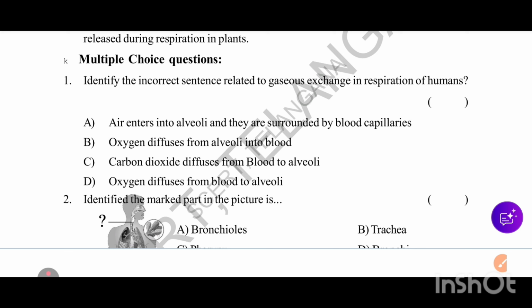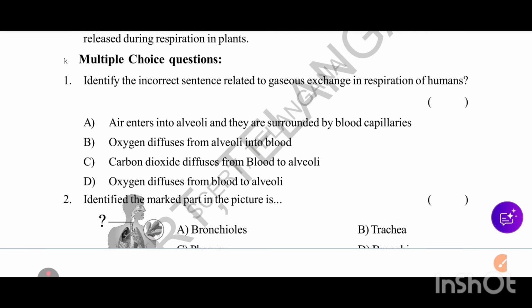Oxygen diffuses from alveoli into blood, carbon dioxide diffuses from blood to alveoli, that is correct. Whereas oxygen diffuses from blood to alveoli is the incorrect sentence. For the first question, the right option is D.